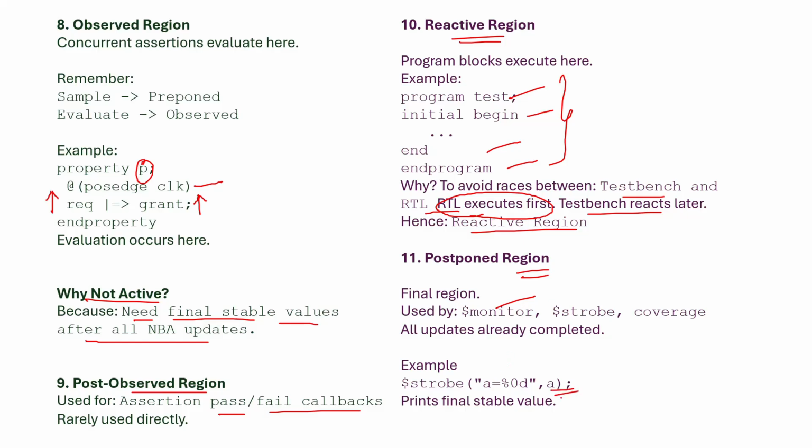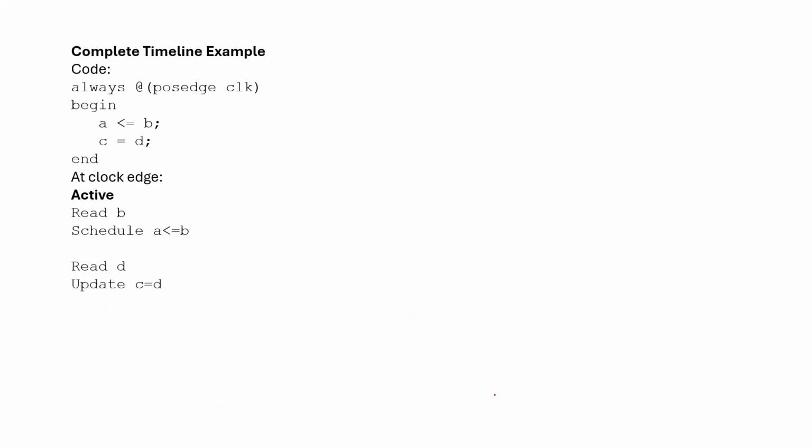This is the $strobe symbol. The last updated value will be executed in this $strobe. This is the complete timeline example. See what things are executing here. This is a non-blocking statement. In which region will this B value be evaluated?